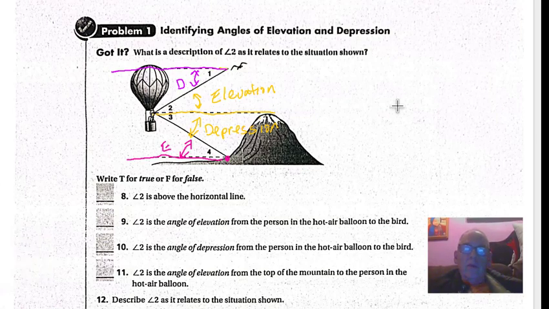If we talk about these reference lines here that go with the eye level for the bird and the person on the balloon, this line here represents a transversal with two parallel lines. And then this angle 1 and angle 2 must be congruent because they're alternate interior angles. And we know from past work that alternate interior angles are congruent.